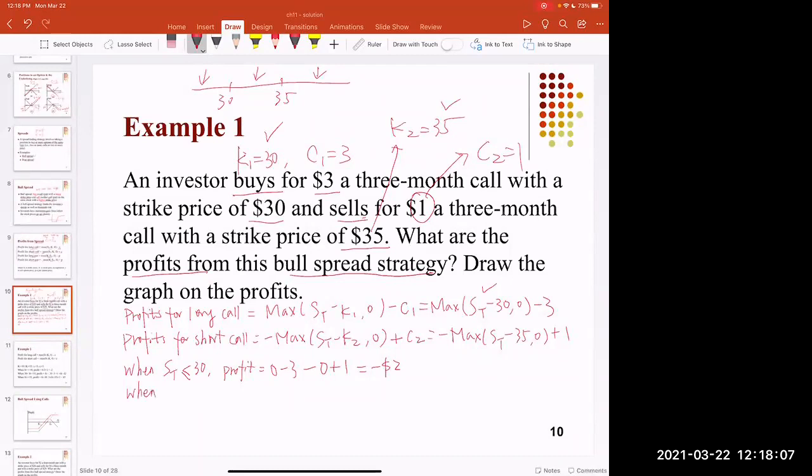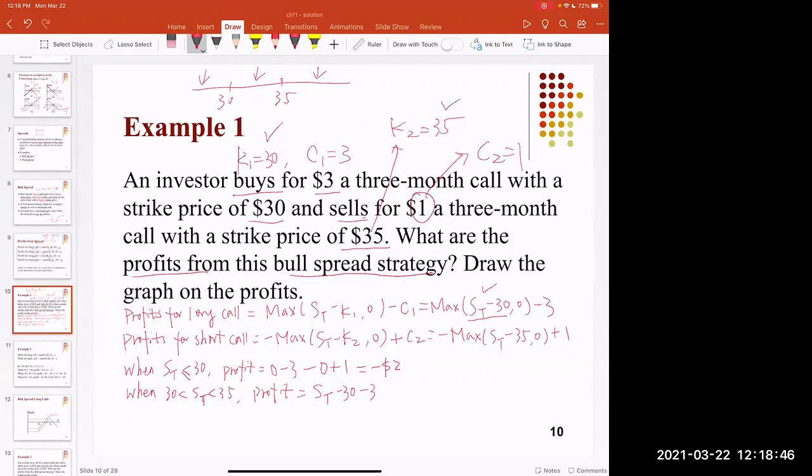Case 2, when the stock price is between 30 and 35. For the long call, when the stock price is greater than 30, ST minus 30 is positive, so we take that positive value: ST minus 30, minus 3.